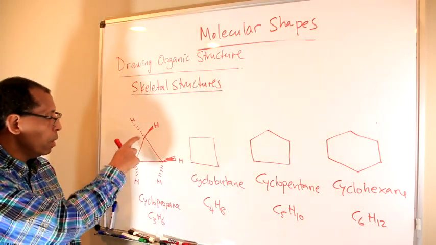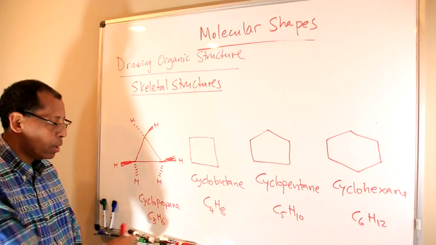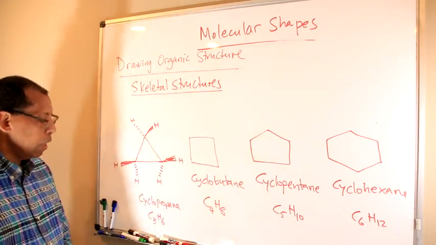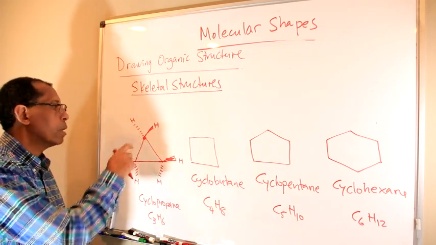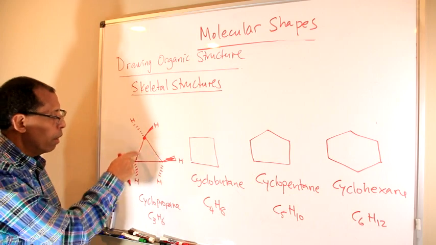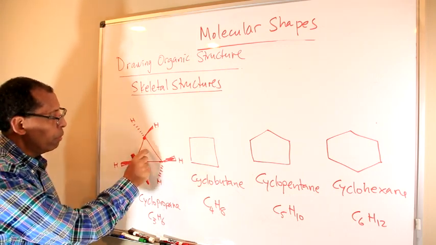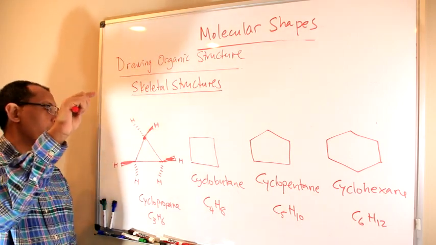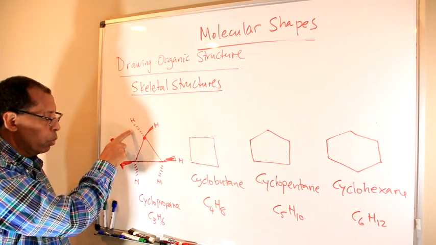Here, you see 3 carbons that are C3H6 in a skeletal form, and each carbon is depicted as a tetrahedral center where you have the main frame on the plane of the board, and the hydrogens are, one towards me, out, and the other into the plane of the board.